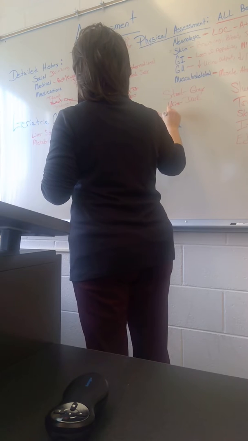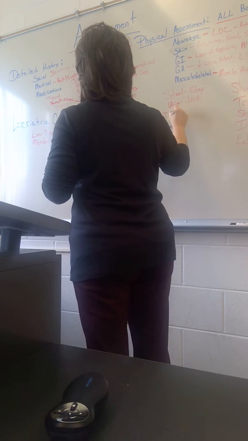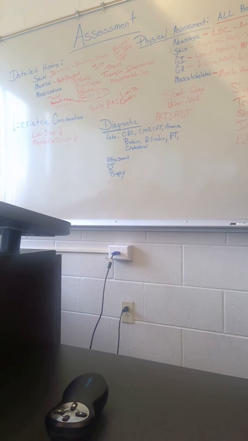Which one is the most specific? One of them is most specific to liver dysfunction. ALT. Because AST can elevate when there's heart damage, when there's muscle damage, we can see that elevate. But ALT is specific to the liver.